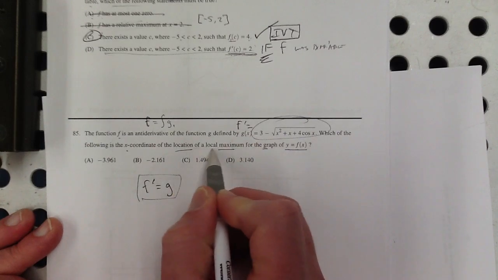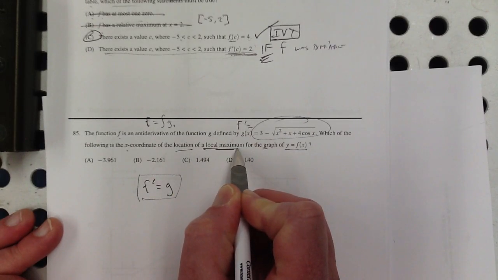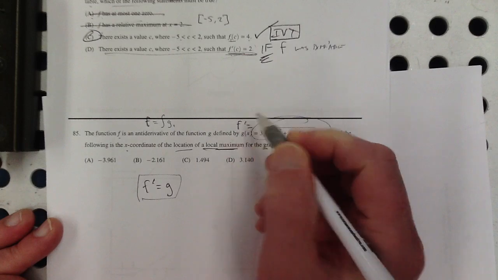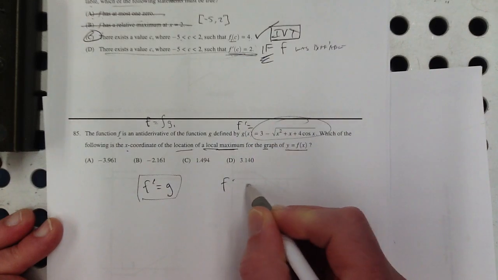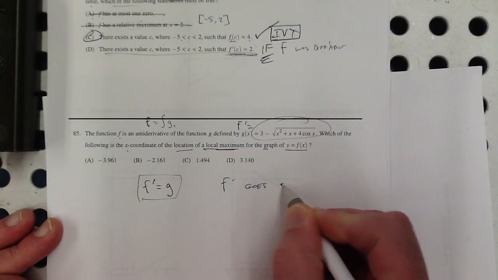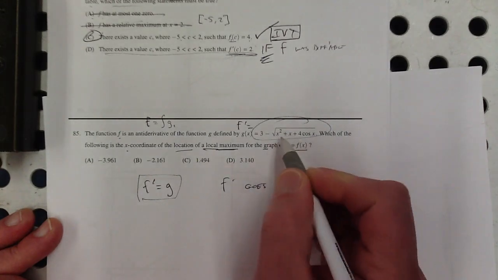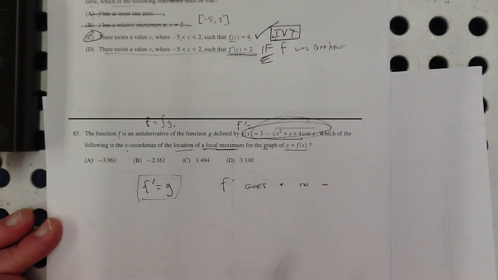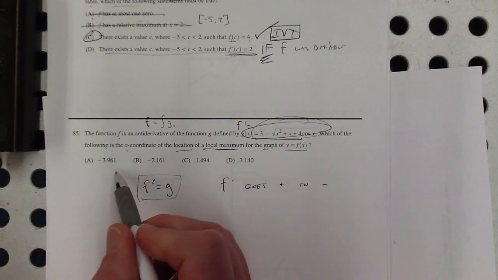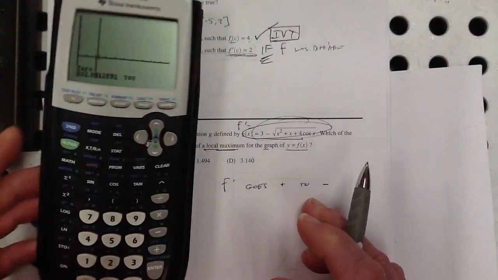So if I want to find a local maximum, then I need to find where this f prime goes from positive to negative. So I'm going to graph this and see if I can find a place where it goes from positive to negative. And I'm going to have to change my window there.